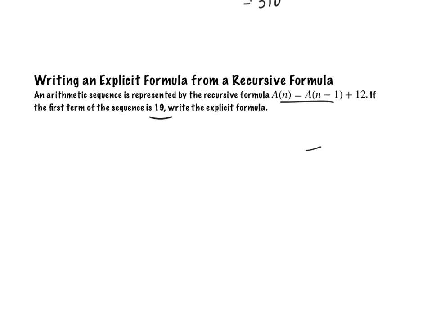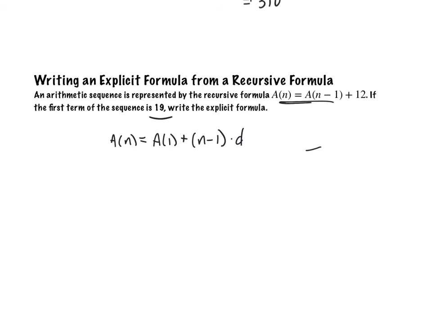So I want to write the explicit formula. Looking back at that explicit formula idea we talked about, A sub n was equal to the first term plus n minus 1 times the common difference.